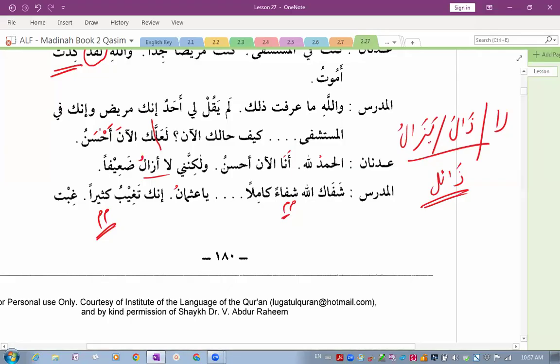Remember that those things we learn in the beginning are like that. But whenever we translate, we do not translate literally; we translate according to the language we are translating into. Otherwise you cannot translate literally. That's why any translation, for example the translation of the Quran Majid by Pickthall, which was done 200, 300 years ago, now you read it and you don't use that English anymore, so you need a new translation.